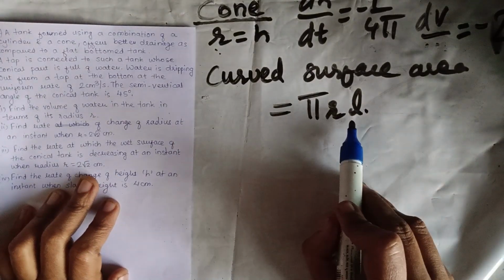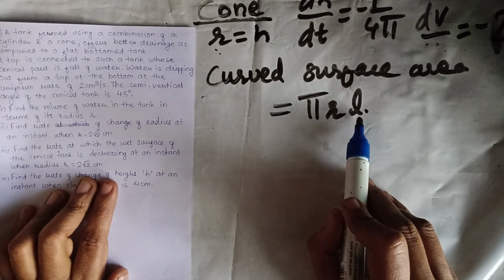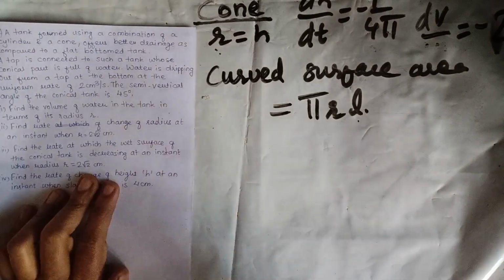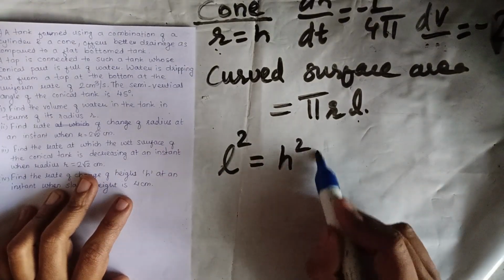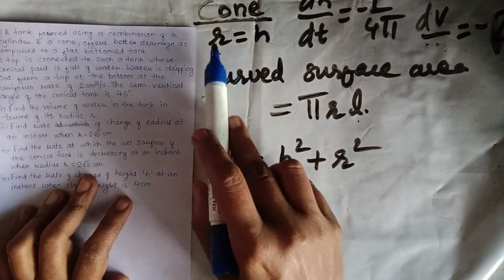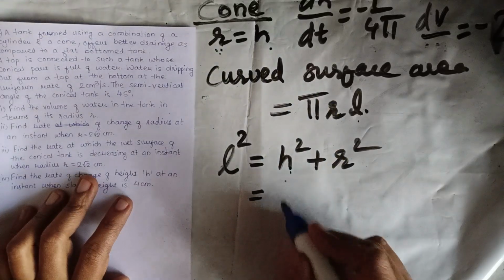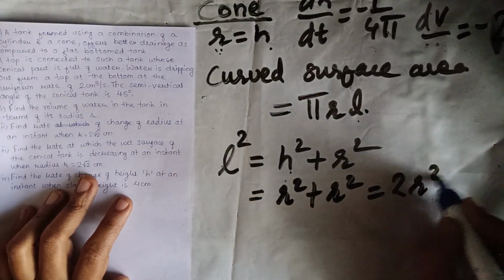Okay, now here slant height is given, but we don't have the value of slant height. We can convert this slant height into radius. How? We can take the formula L square is h square plus r square. Okay, and we know that r is equal to h, so everything we can convert into r. So this becomes r square plus r square, 2r square.